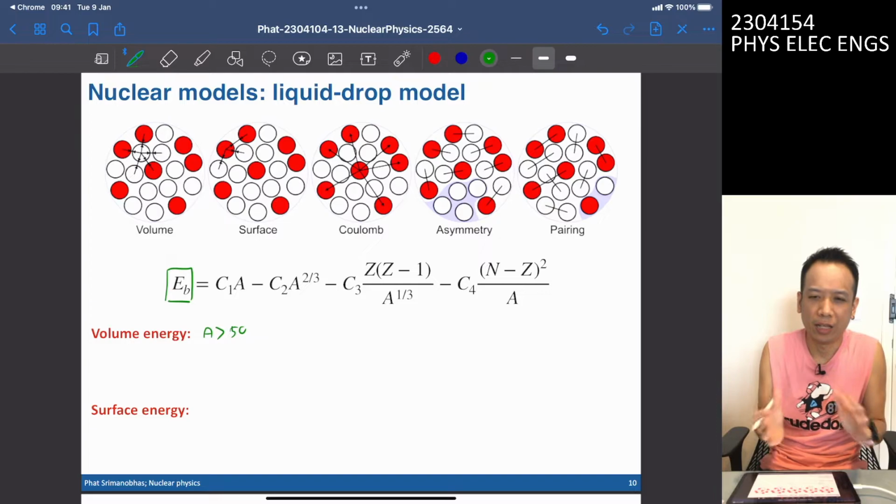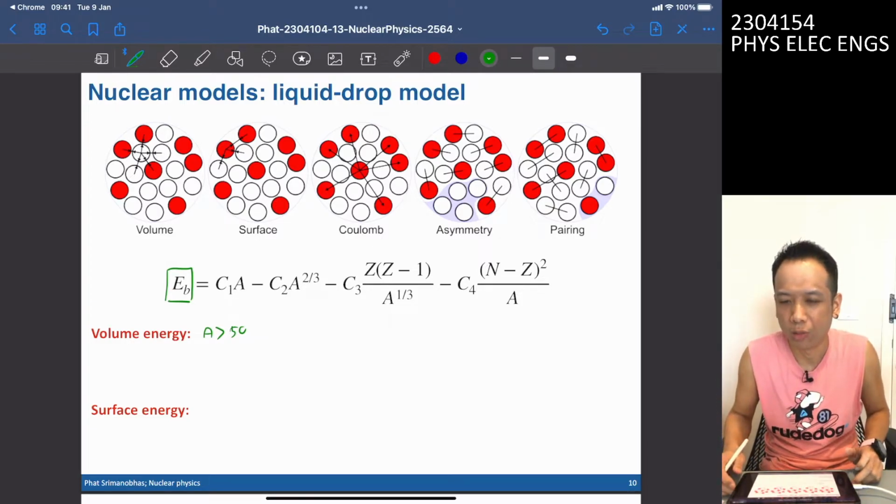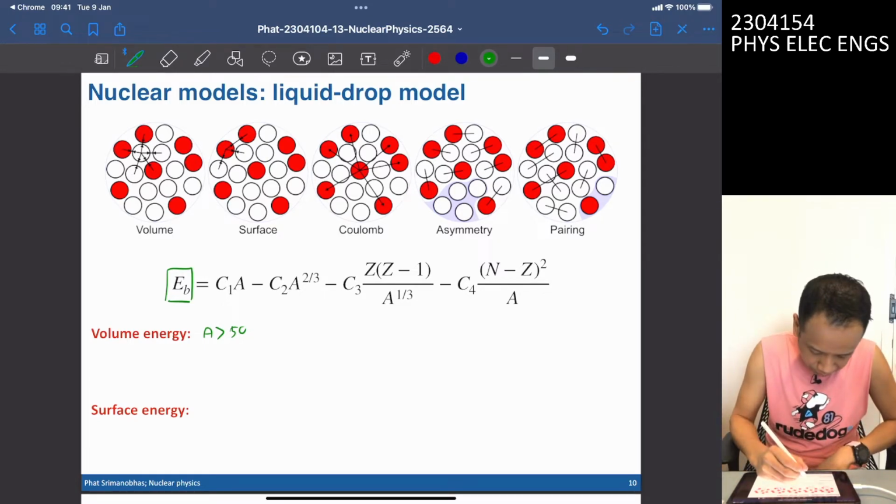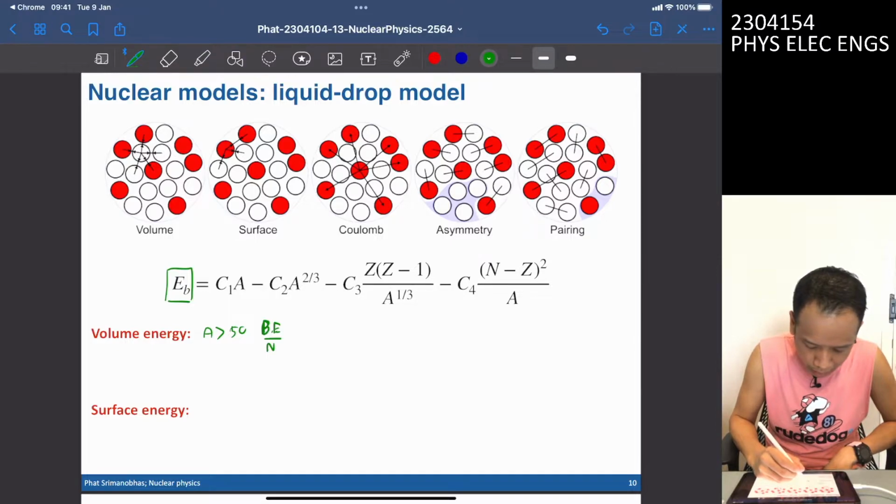It's 1 mega electron volt, half a mega electron volt. It's very small. So the binding energy per nucleon is roughly constant.